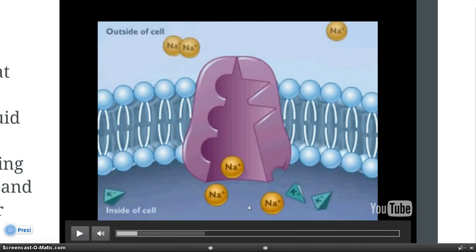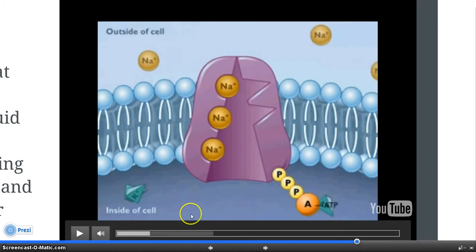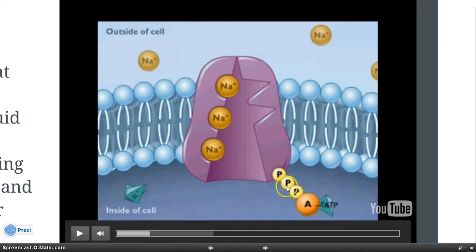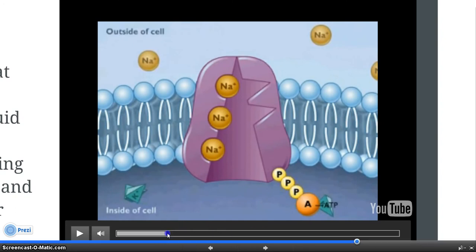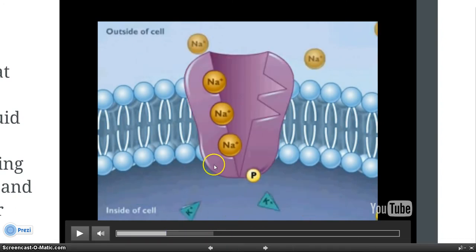Here you can see the sodium getting ready to bind to the protein pump. And here, ATP is ATP, but then here it's gone down to ADP, and the other side of the protein pump has opened up.